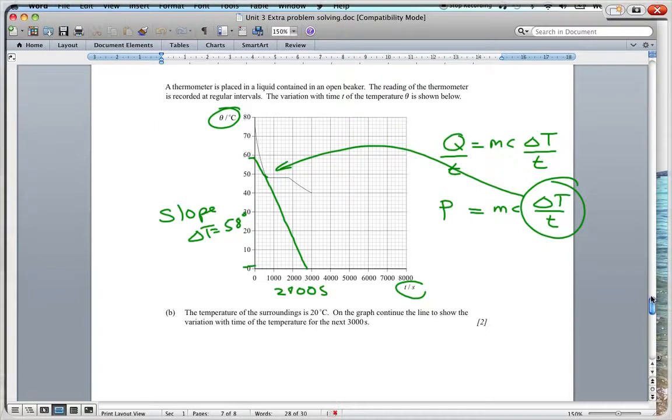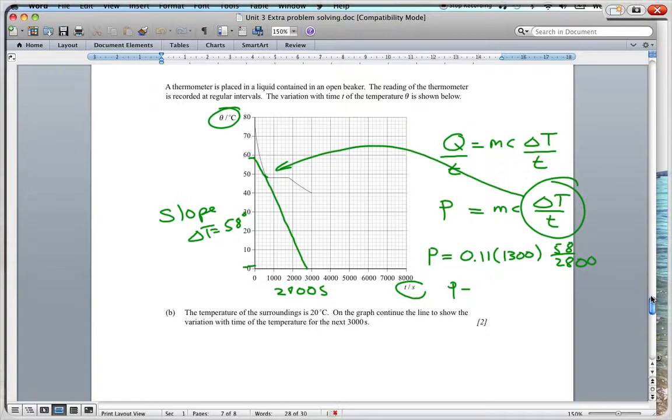So your power is going to equal the mass, which is 0.11, times the specific heat capacity. You're told your specific heat capacity for this is 1,300, so it's times 1,300 times this, so that's going to be 58 divided by 2,800, and when you work that all out, you should get a value of somewhere around 4 watts.